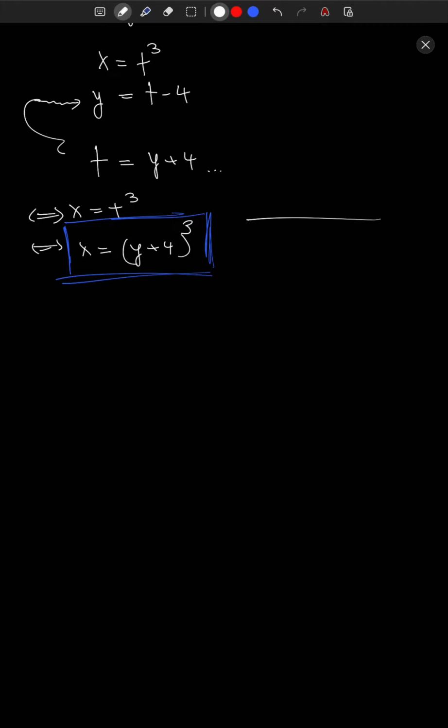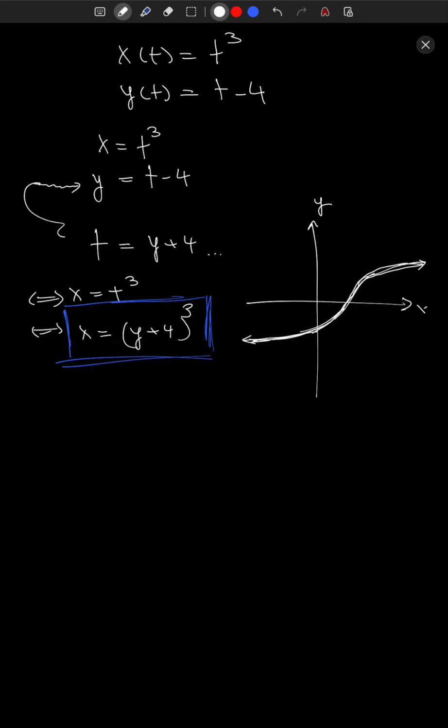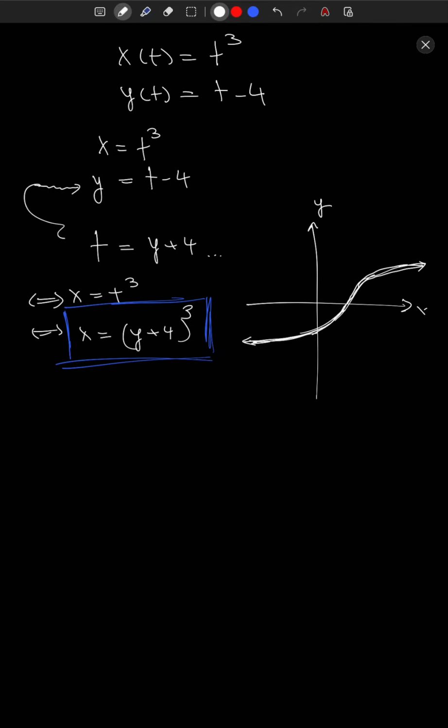All right. So actually, this one is, let me draw x here, y there. And this one is going to look like that. All right. So this is the road that I'm driving along.